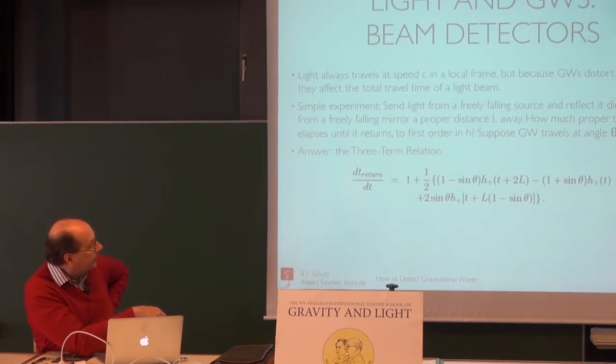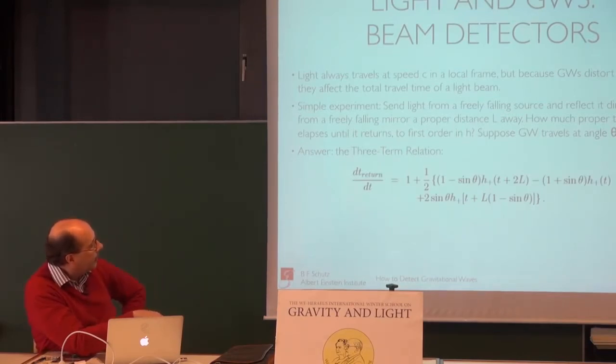The remarkable thing is that there's only 3 times during the signal that are important. So this is the argument of h. H is the value of h at your location, where you're sending out the light. It's the wave field passing through, and so it's the value at a particular time.